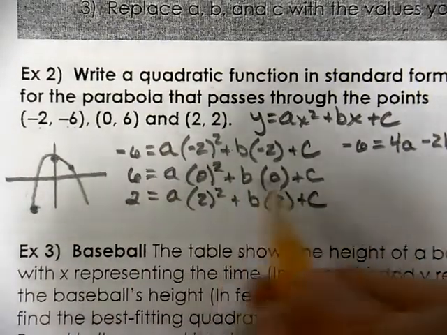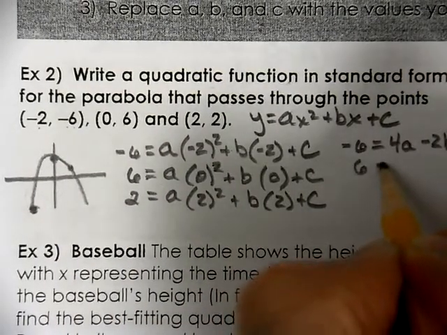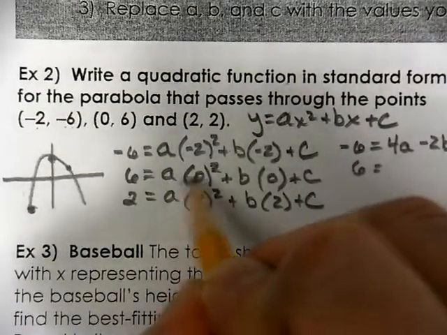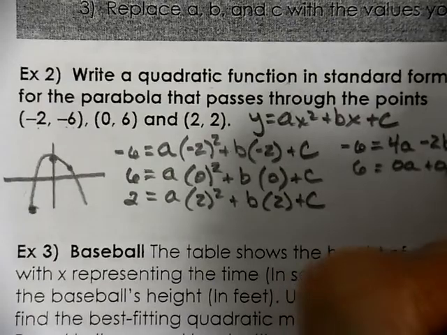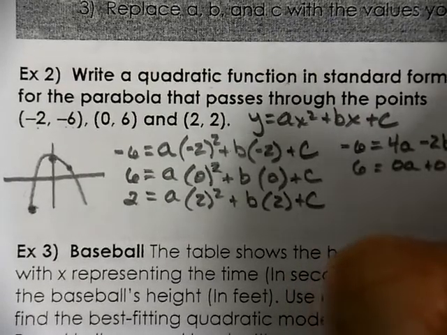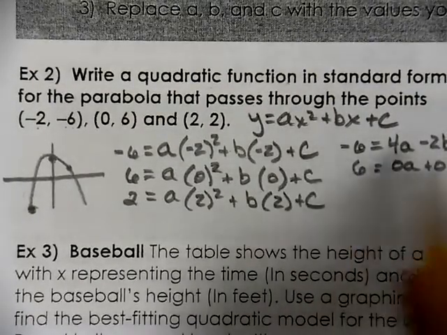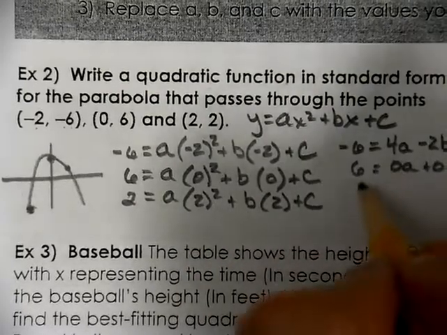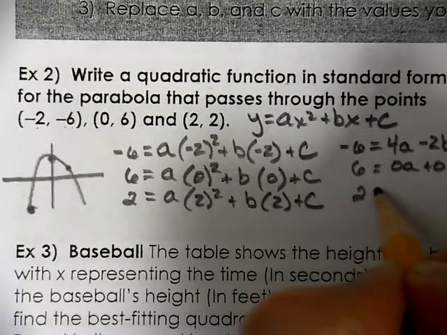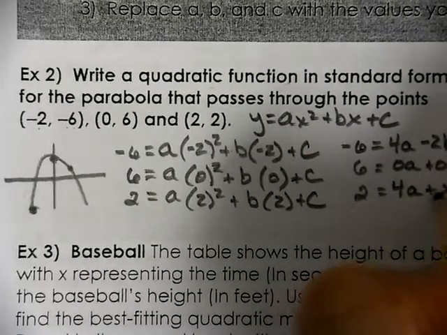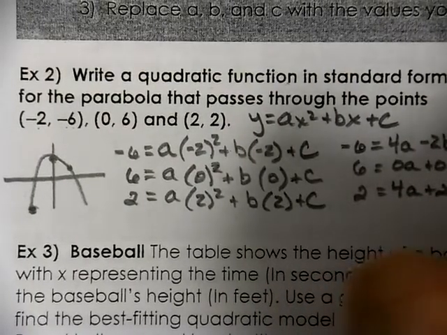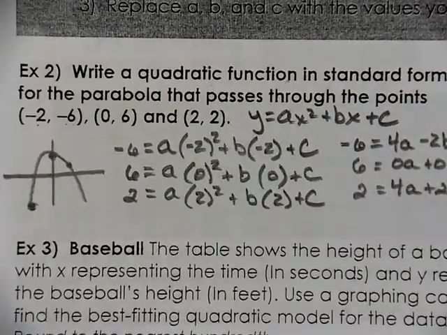We come to the next equation, 6 times 0a plus 0b plus c. So of course c is going to be 6. 2 equals 4a plus 2b plus c.